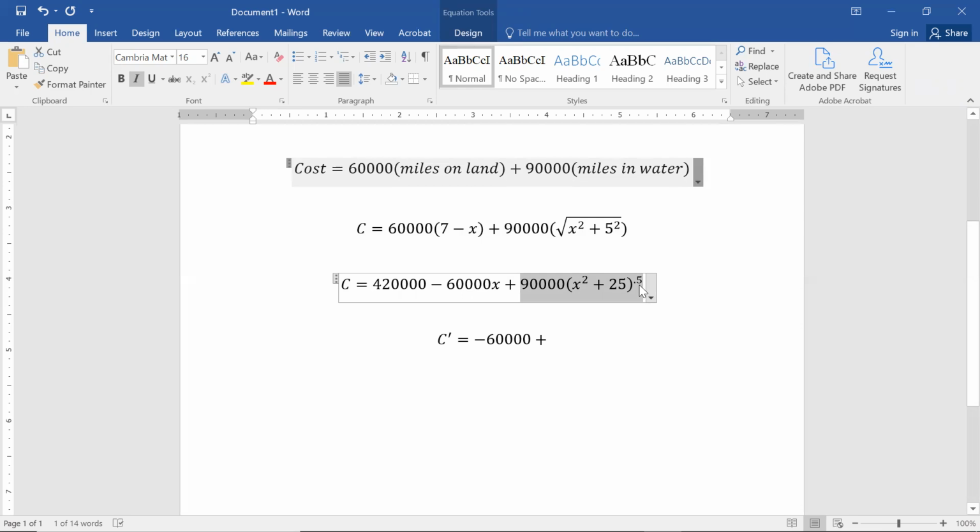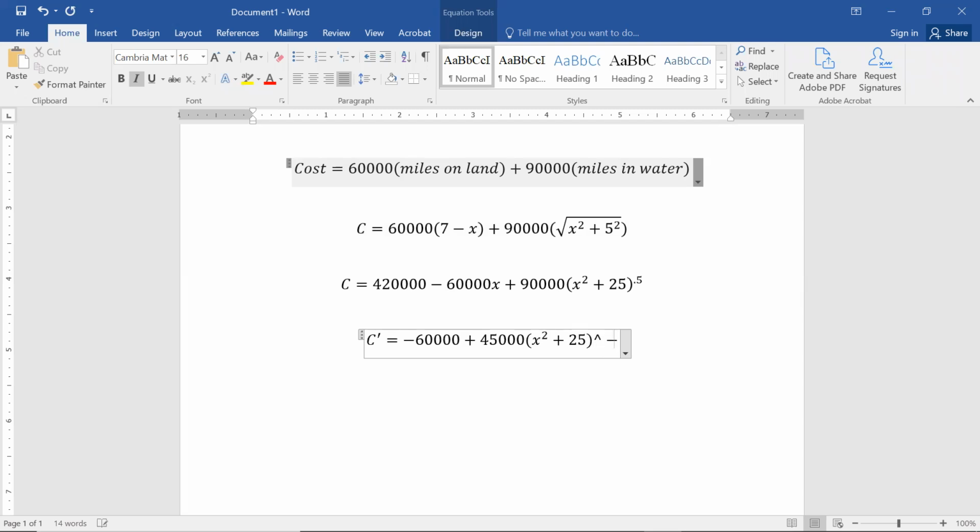That means I take the exponent and I multiply it times the piece in front. 0.5 times 90,000 gives me 45,000. The inside function stays the same, and I reduce my exponent by 1. If I take 0.5 minus 1, I get negative 0.5.